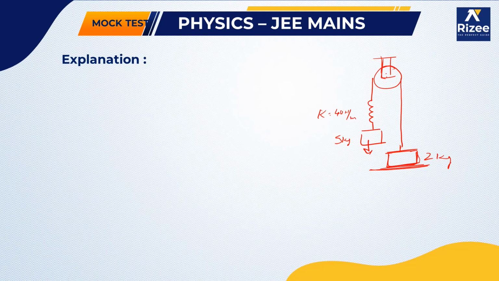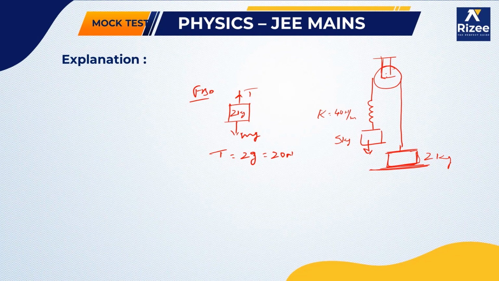When we write the free body diagram for the 2 kg block, the upward force will be the tension and the downward force is going to be mg. So under the just lifting condition, T is equal to 2 into g, where g is taken to be 10. So that is 20 newtons acting here.